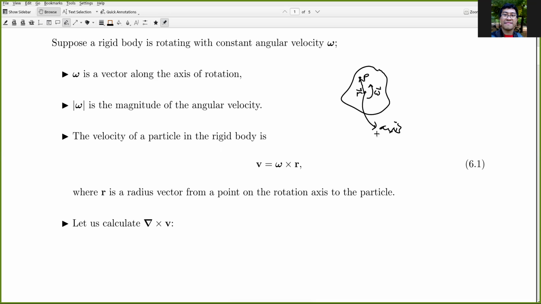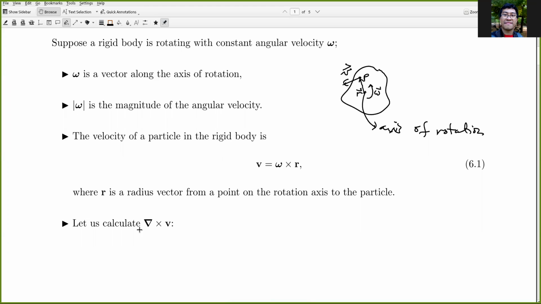This is the rotation axis of rotation. This is a point P. So the velocity of a particle, if it's rotating counterclockwise, would be perpendicular. Let's say that is our V.